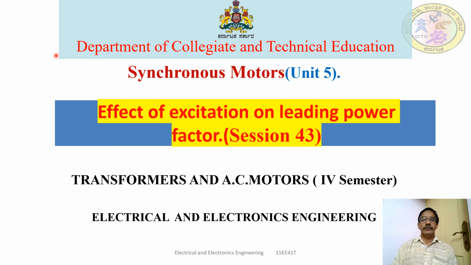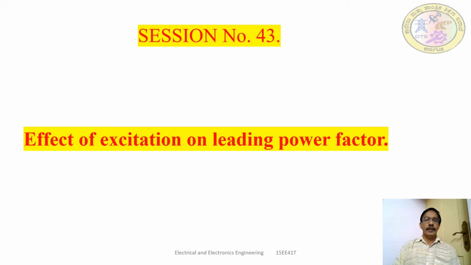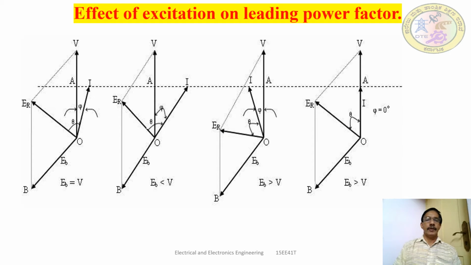In that, session number 43 is the effect of excitation on leading power factor. We already discussed the effect of change in excitation on armature current and power factor in session 42, with the help of these vector diagrams.